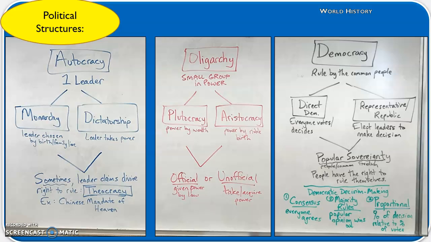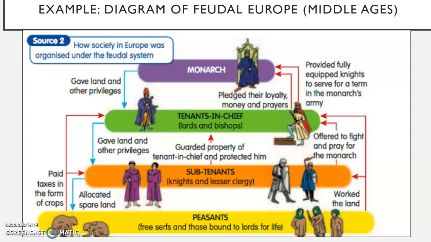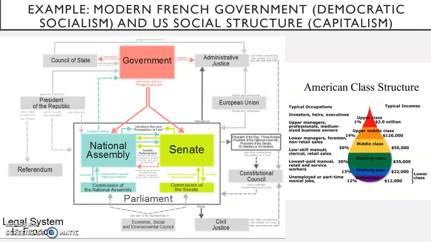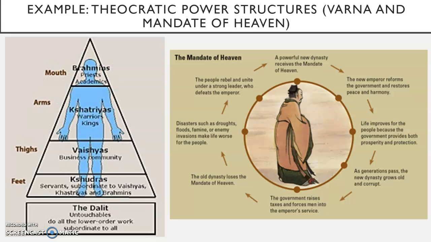So you can look at autocracy, oligarchy, democracy, but also think about what will be the structure in terms of your society between the leaders and the other members. You can look at how class and social structure is set up. You can also look at some of these theocratic power structures.